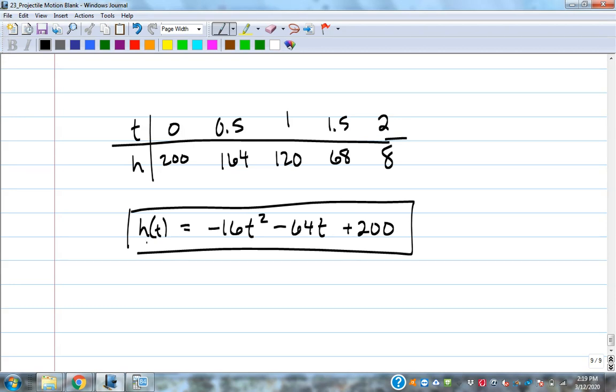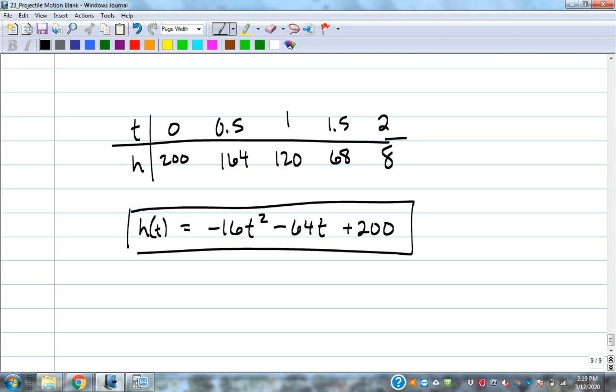Once we get the calculator to build us that equation, B part there says how many seconds will it take it to reach the ground. So what do we do with that equation? No. That would be what's the initial height, where does it start at? We want to know when it hits the ground. When is the height on the ground?